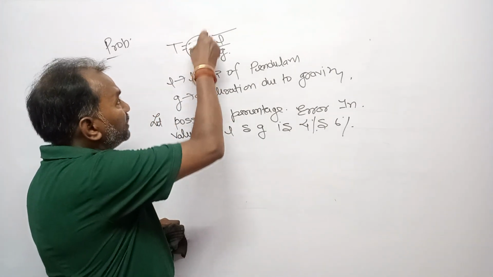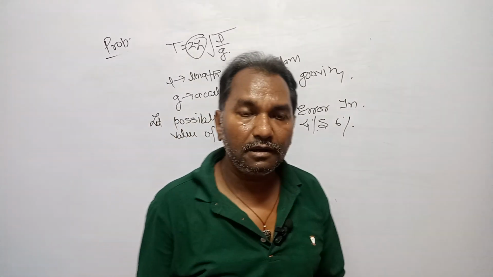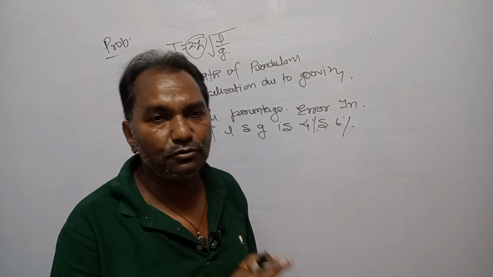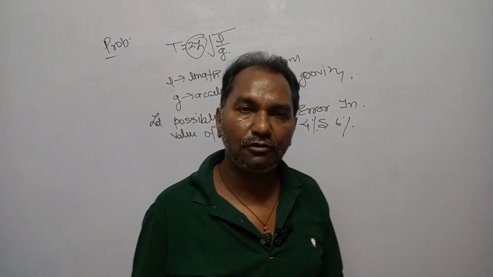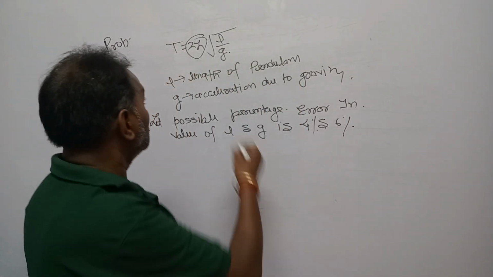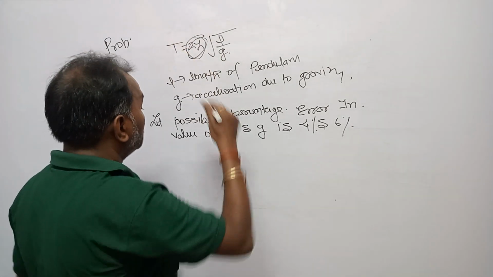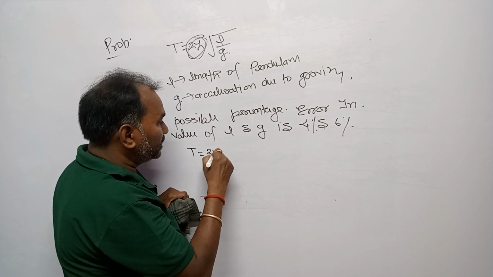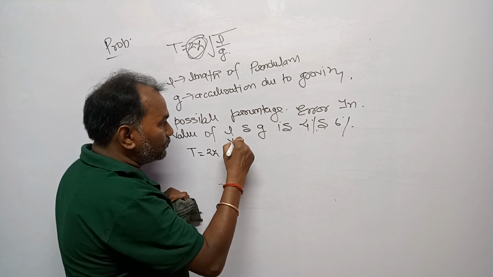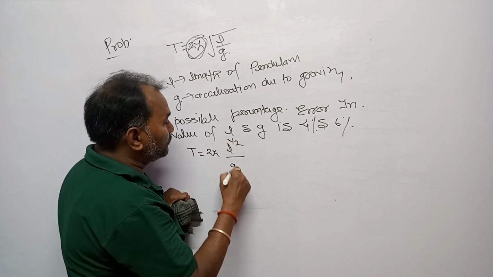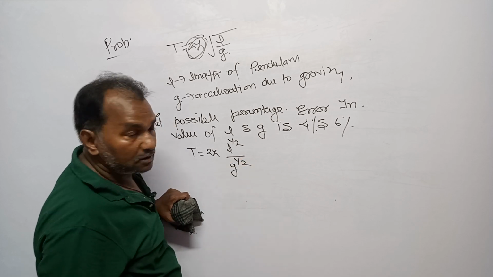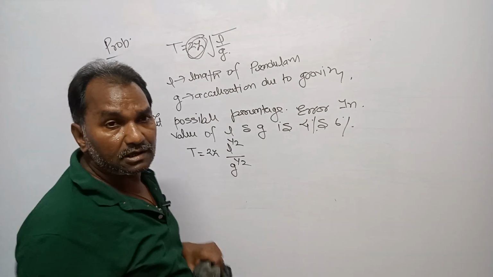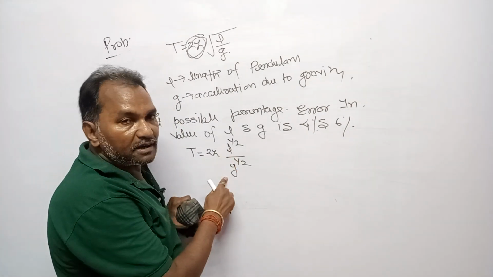Now, dear student, 2 pi is a constant, right? So there is no possible error in the value of 2 pi. Numerals do not have error and also constants do not have error. You can write this formula as T is equal to 2 pi L to the power 1 by 2 g to the power 1 by 2, since L and G were within the square root, so we separated them like this.